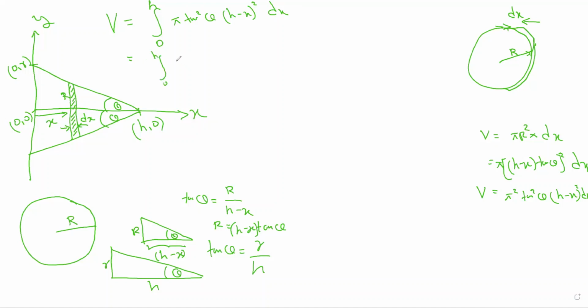Let's simplify this. Pi tan theta is equal to pi r over h.